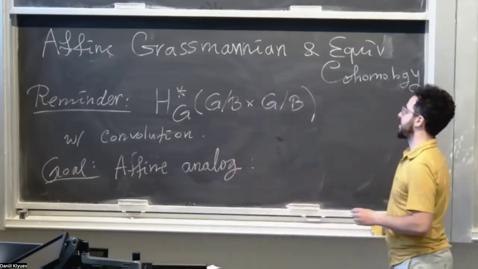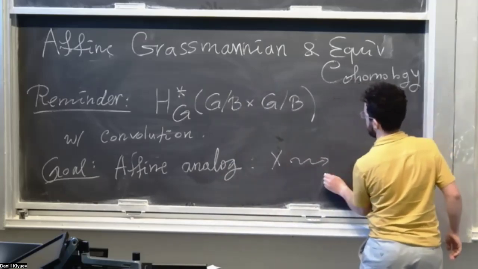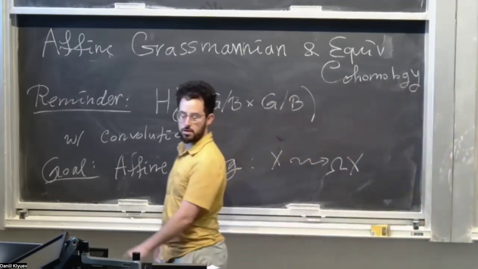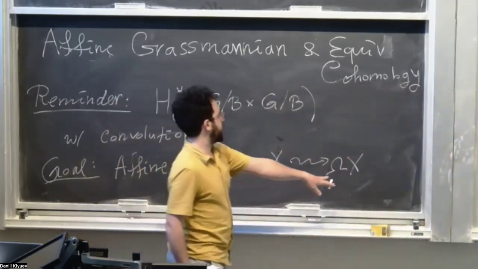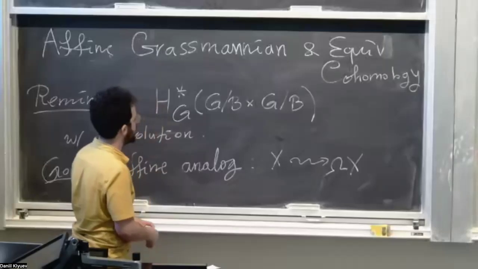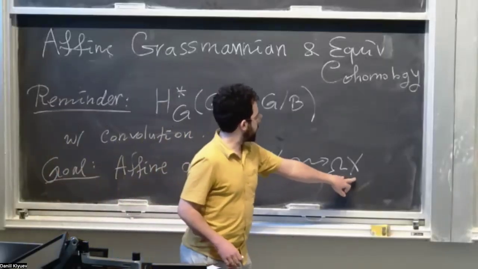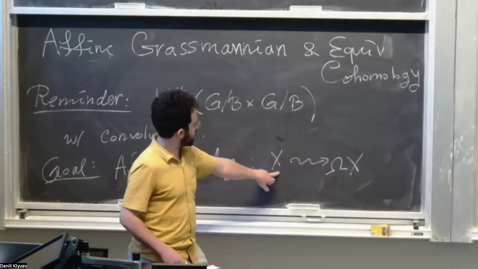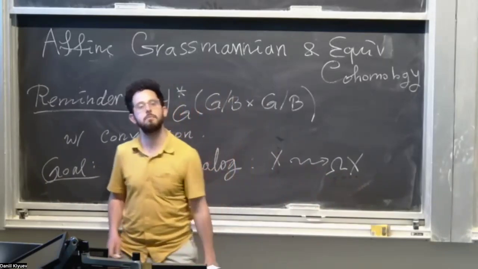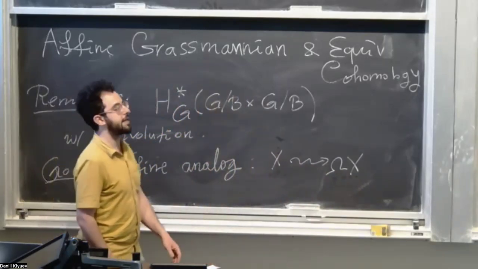Roughly speaking, when we say affine analog, we mean that instead of X we move to the loop space of X, so pointed loops. Of course, we will need an algebraic or geometric version of that. One of the problems is that even if X is a variety, something finite dimensional, this will usually not be finite dimensional. But the idea is just doing everything but adding loops everywhere.